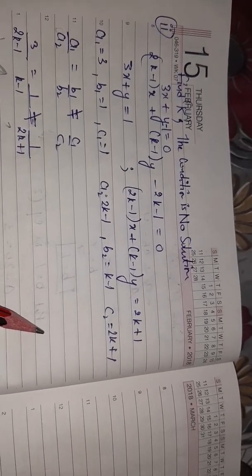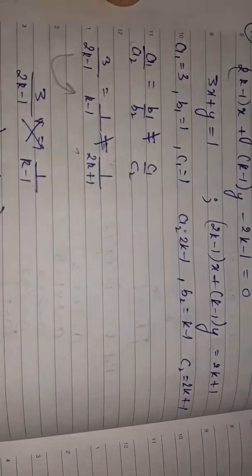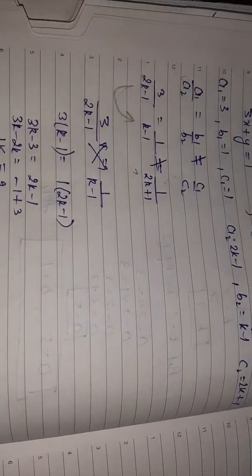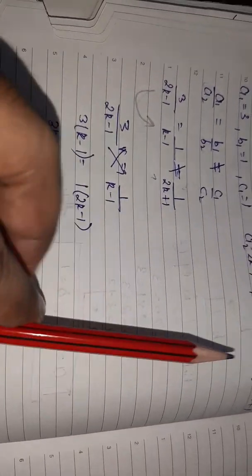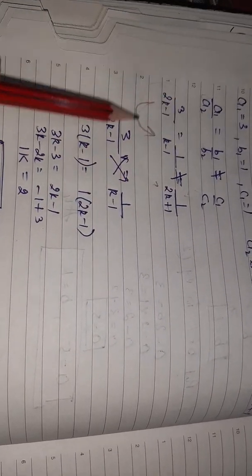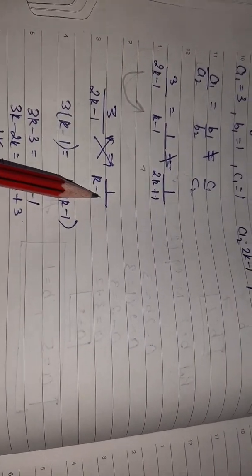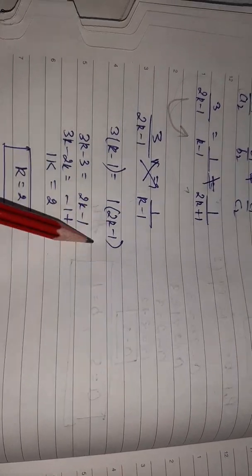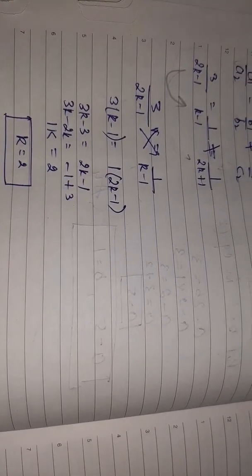I put the values. I know that this is not equal to this. We will not touch this. We will deal with these two conditions. I've taken them, cross multiplied. Yes or no? I've got the answer k is equal to 2.